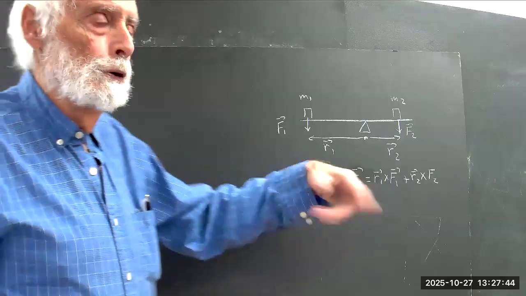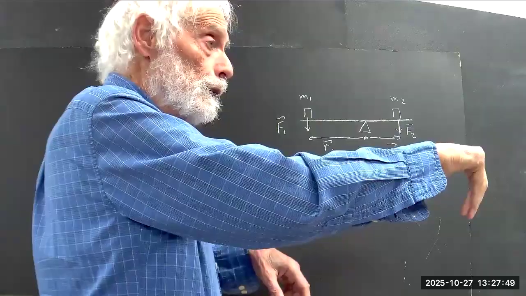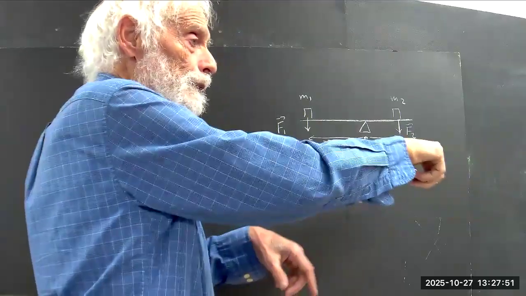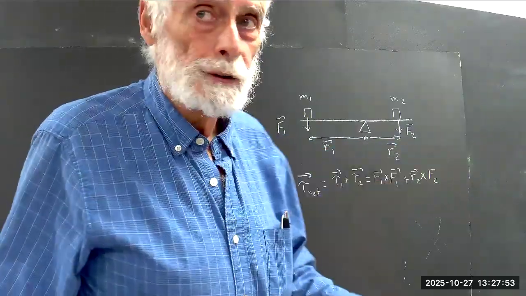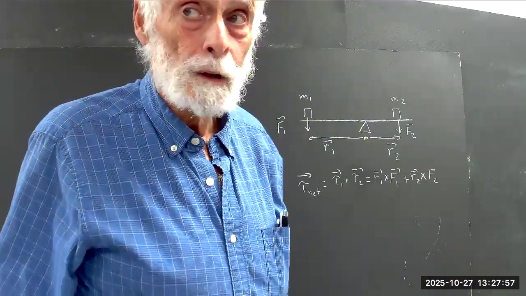And of course, for R2 cross F2, your fingers go in the direction of R2 and you turn them toward F2, and you see that the torque is into the board. Okay.